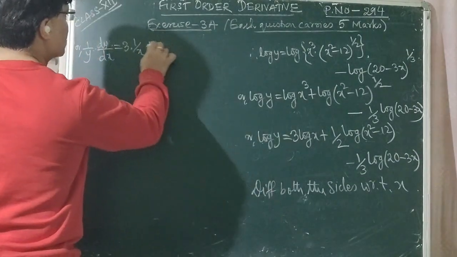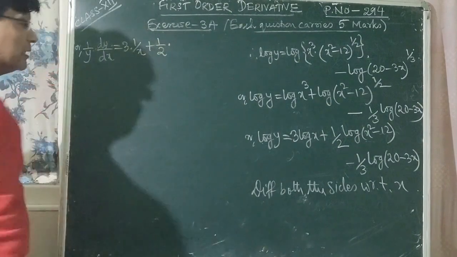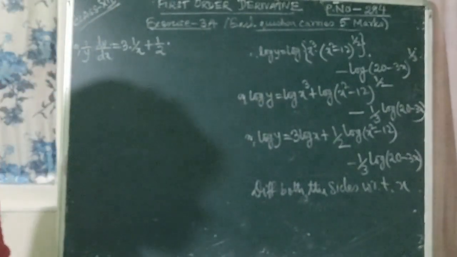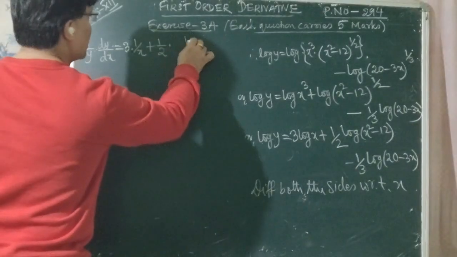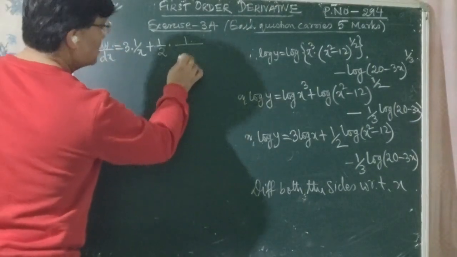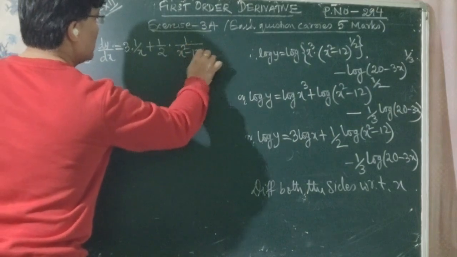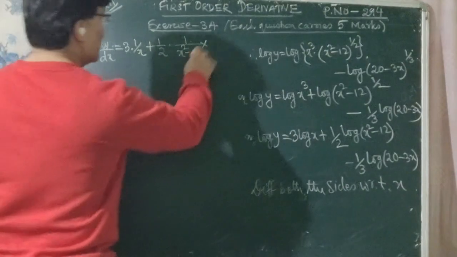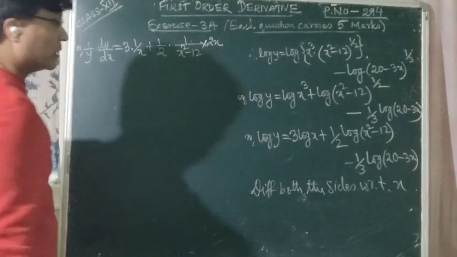Then plus half is constant, it is kept as it is, into, what is the differentiation of log of x square minus 12? First of all, we should take it as log x. Differentiation is 1 upon, what is x here? It is x square minus 12 into, again differentiate x square minus 12, that is 2x. That is 2x, right?